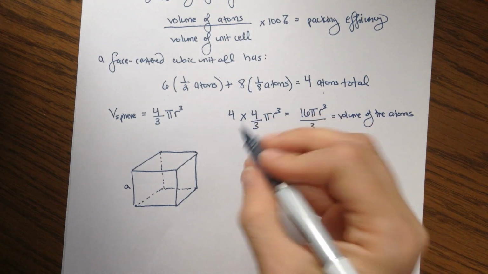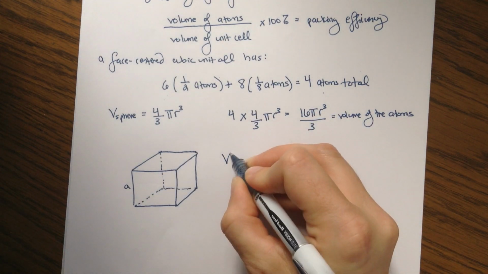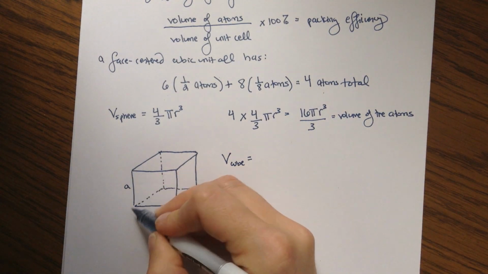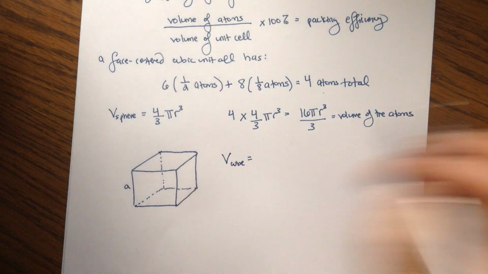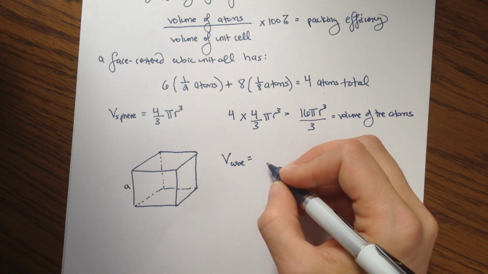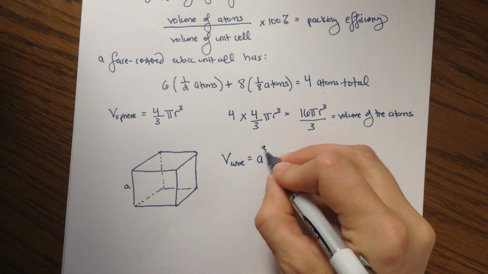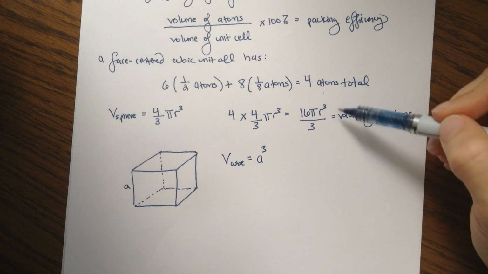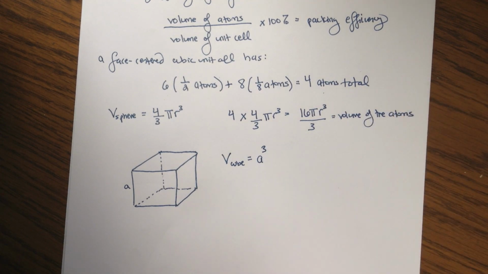Here's the volume of my unit cell. If you'll recall, the volume of a cube is simply height times length times depth, or the length of one side of the cube cubed. Volume of a cube is a cubed. Now here's the problem. If I try to divide the volume of atoms by the volume of the cube, I've got two variables.